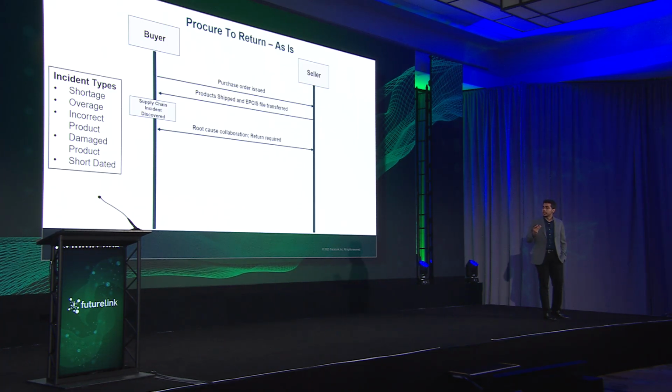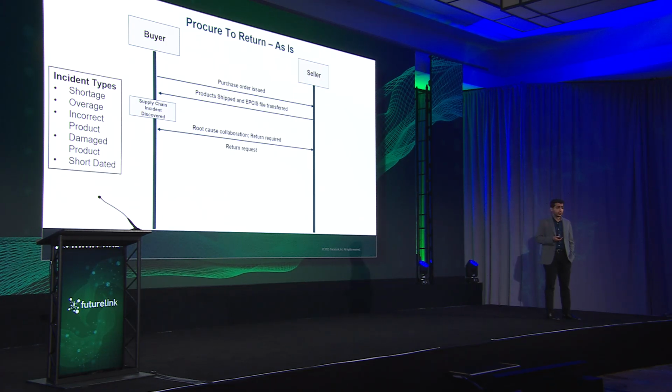Once that's done, the suppliers typically mandate the list of serial numbers to be sent back to them. And there's a two-party collaboration that happens to come to the conclusion that a return is required. At this point, the buyer's teams typically log into the supplier's portal, register all the details, create a return with all the serial numbers in, and there's no audit on their side.